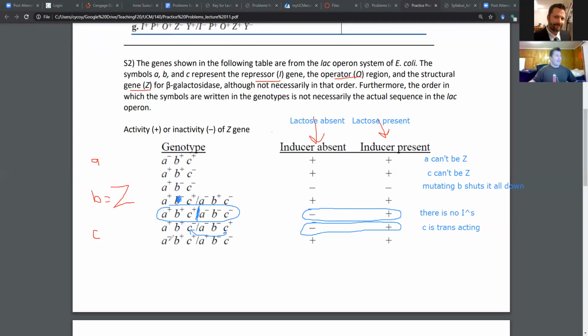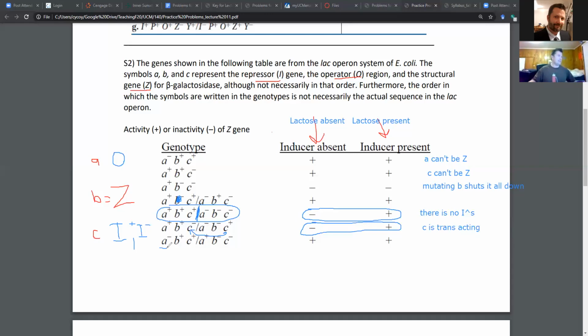And then, so what is A telling us? So basically at this point, honestly, you can say A is O and C is I. We know that. We also know that there is no IS, so we can assume we're dealing with I plus and I minus. And now, what do we have down here?